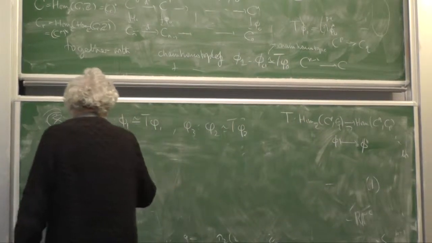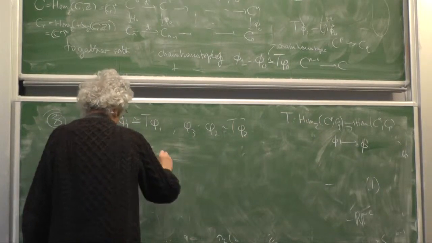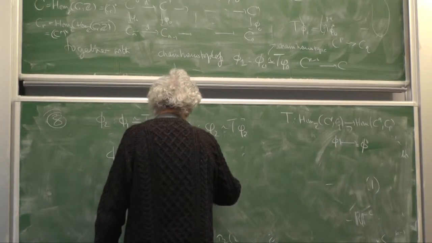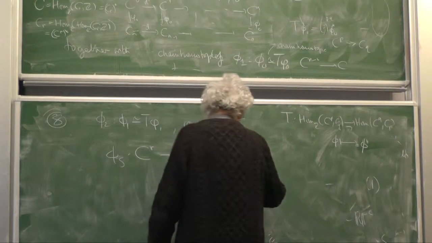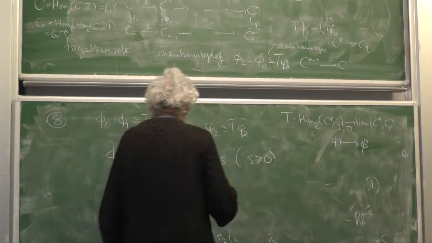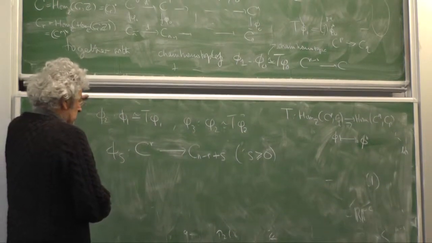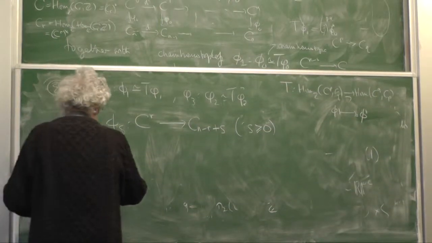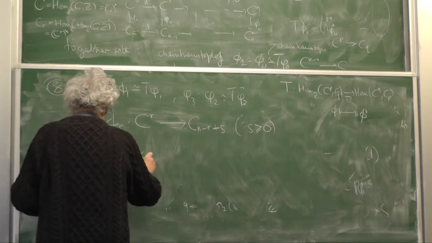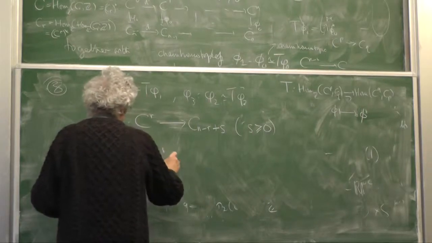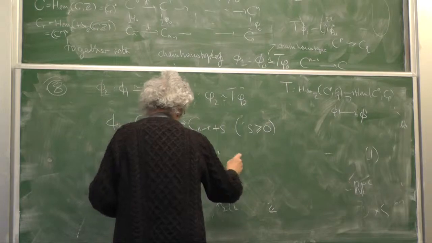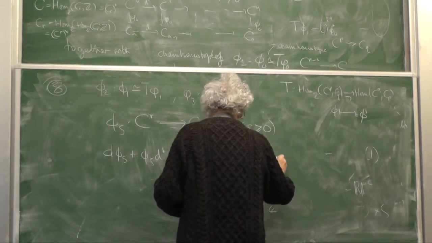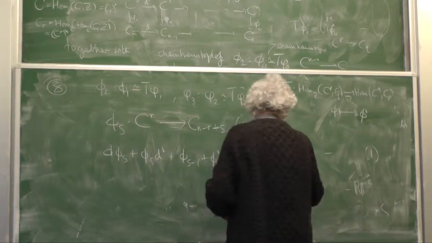So the general structure equation for these things is that d phi s plus phi s d star plus phi s, and this includes, up to sign, firstly.